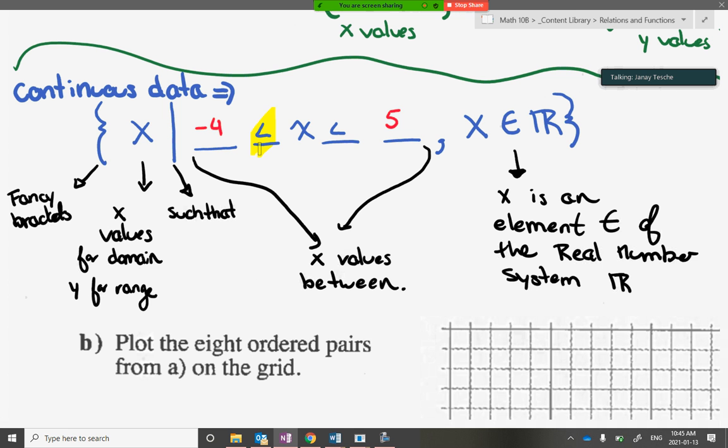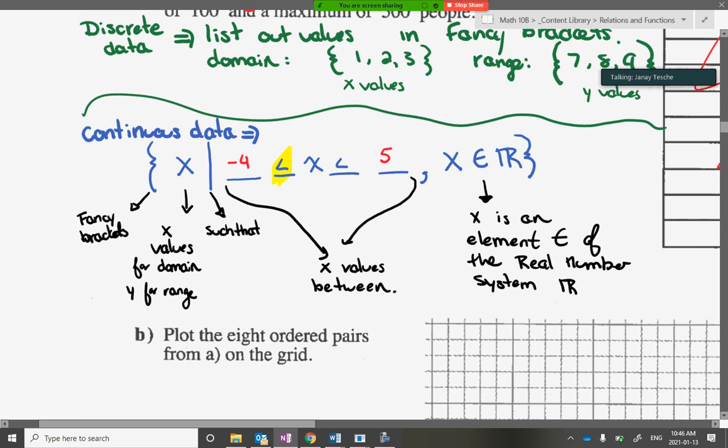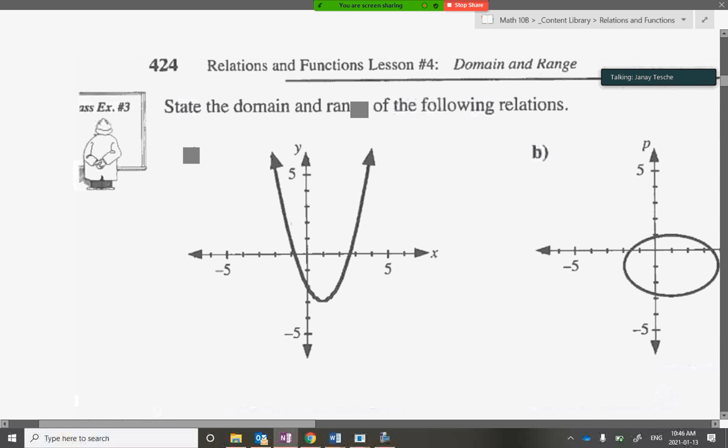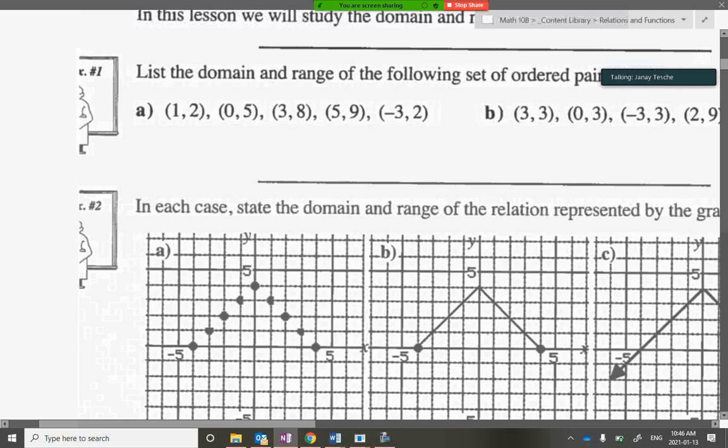I'll go through examples and it'll make a little bit more sense. But it's saying my x values are always between -4 and 5. Yes, and I'll go through examples and show you what I mean, but this is how I can do this best here.